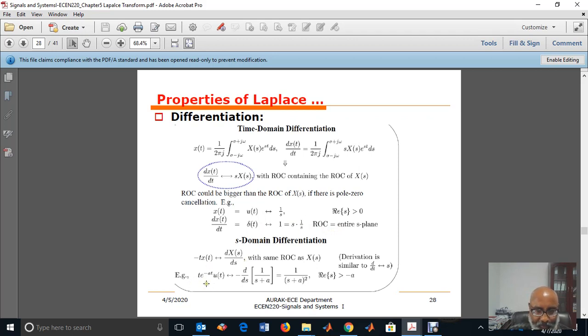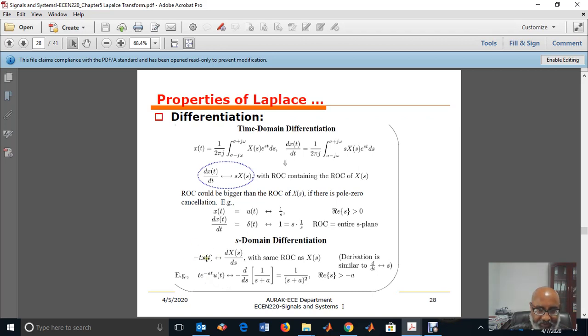Another very important property is if I multiply the signal by t. For example, if I have t times e to the power of minus at u(t), how do we find it?